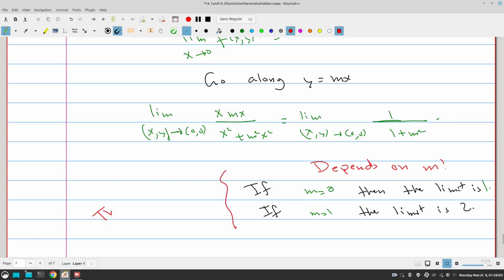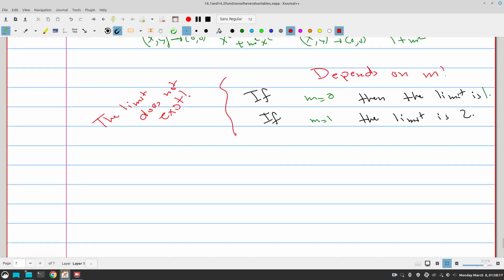The limit as x, y goes to 0, 0 does not exist. There's another example where the limit does not exist.